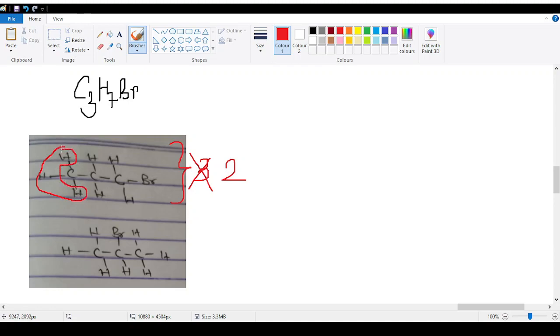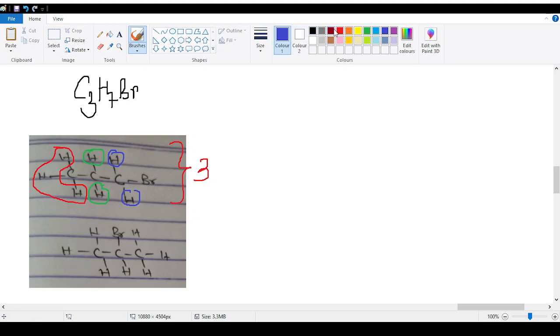So the thing is, it's not the number of hydrogens that matters. What matters is the environment. There's Br as well. So do you expect two different environments or three different environments? We expect three different environments. These hydrogens have one type of environment, this hydrogen and this hydrogen have another type of environment, and this hydrogen has a different type of chemical environment.